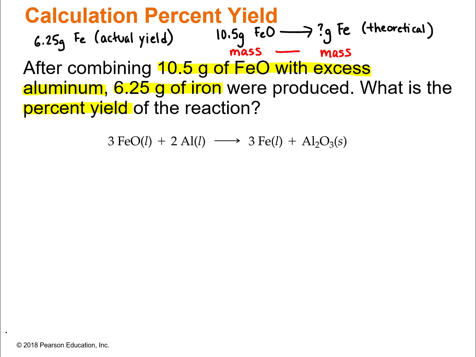I'm not going to write out the plan, but I will write out the full equation that you need to solve this problem. Let's assign our A and B. A is the iron 2 oxide. B is our iron.